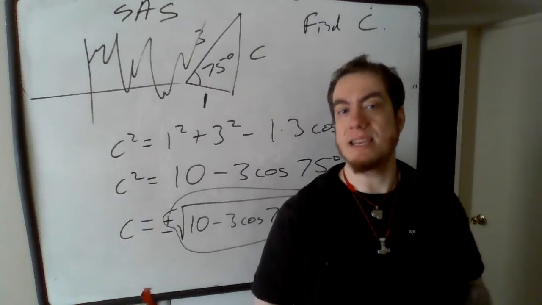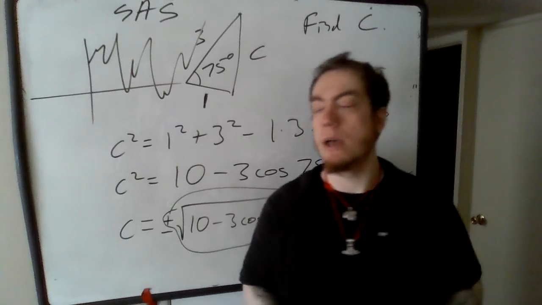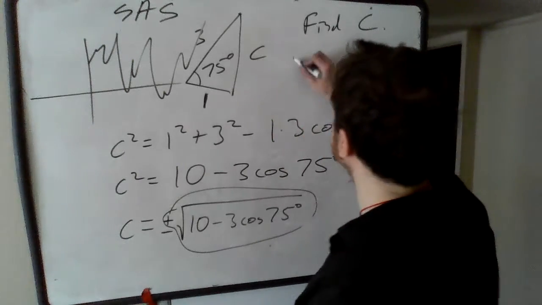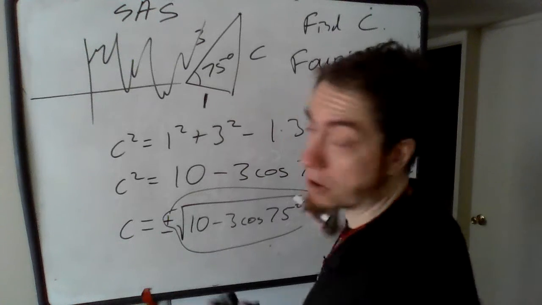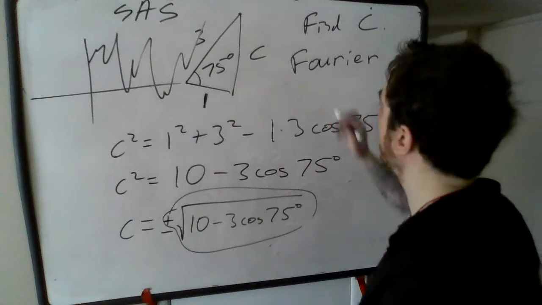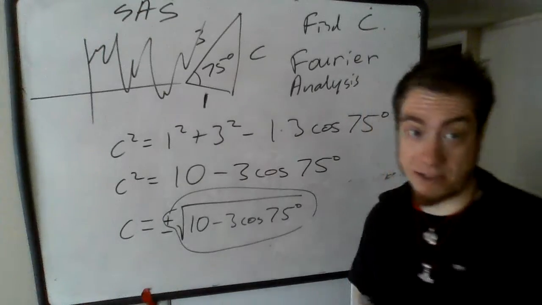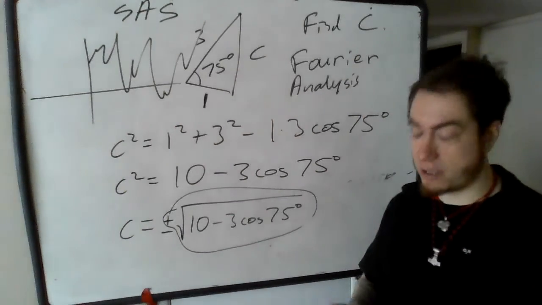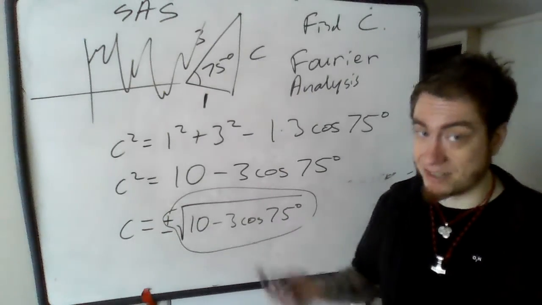The basic idea of encoding things using sine waves is an area of mathematics known as Fourier analysis. I'm very bad at pronouncing this name. It turns out that this Fourier analysis can also be used to study a lot of other stuff in physics and whatnot.